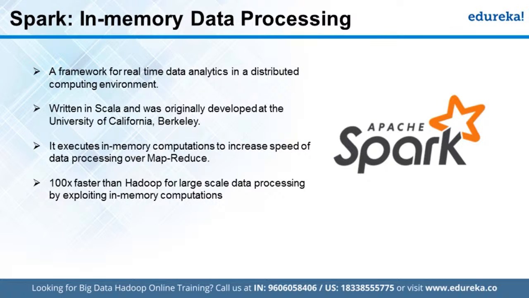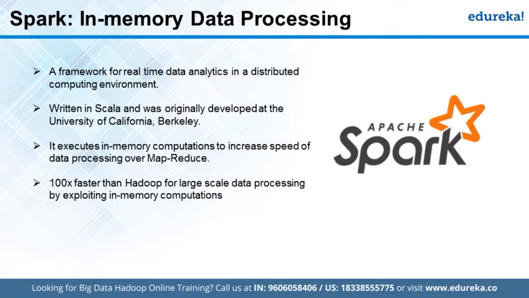Number one is the parallel processing of the distributed data set. Number two is that the MapReduce part is very cumbersome. In Spark, you can write the same code that you write in MapReduce in 5 lines versus 100 lines. Third, it does the data wrangling part very well.